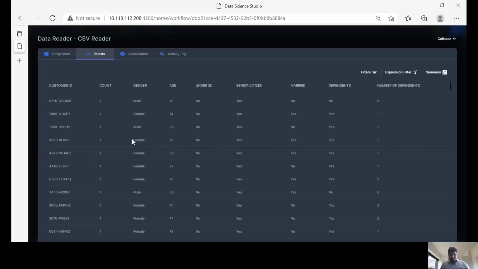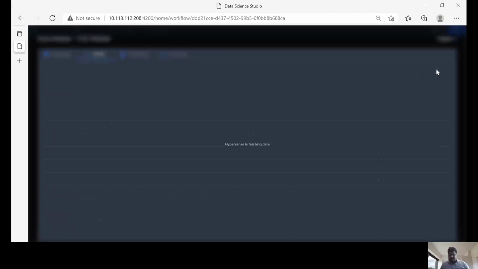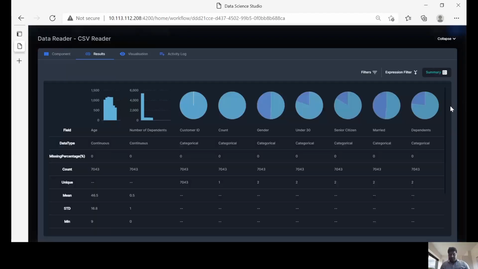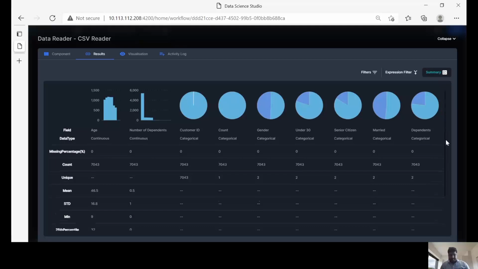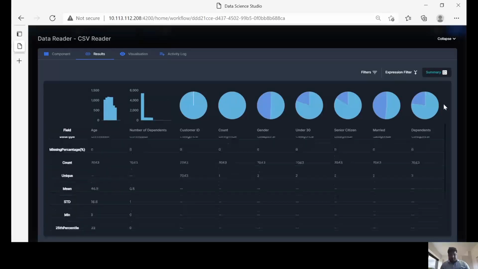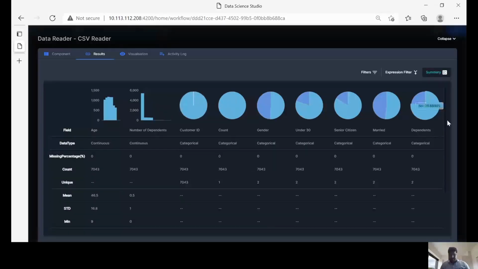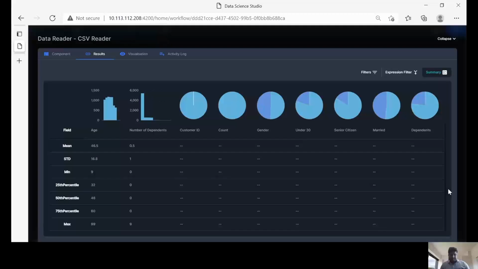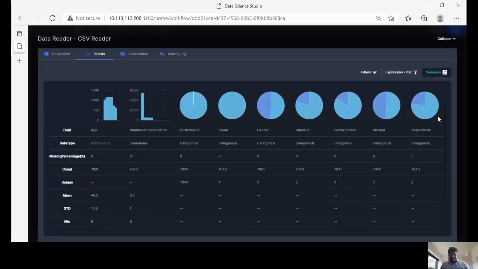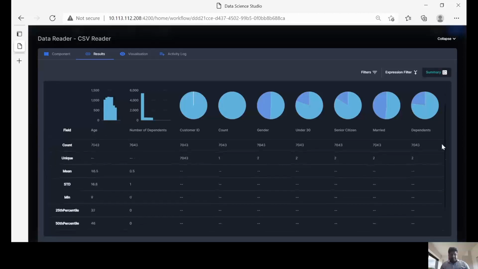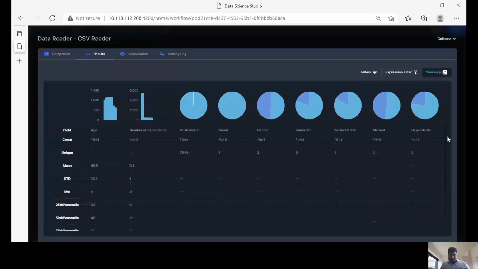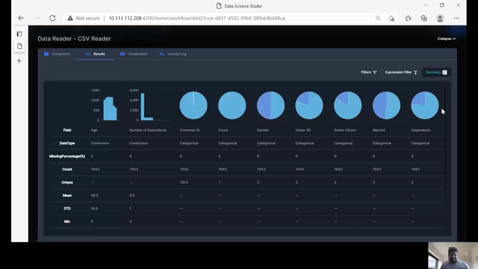So let's just look into this data, which has demographic information. This essentially tells you how the data is in this particular file. And using this summary metadata about this particular data set, you can understand the distribution of all the variables, and all these different statistics towards the left help you identify whether it requires any kind of data treatment or not.